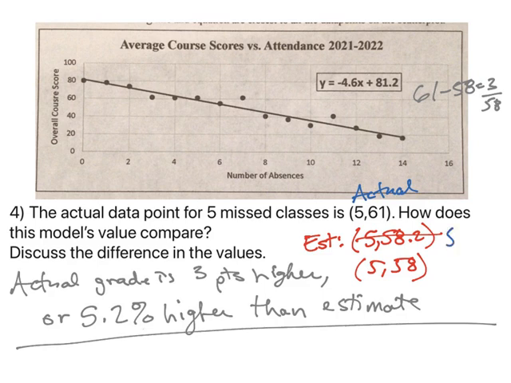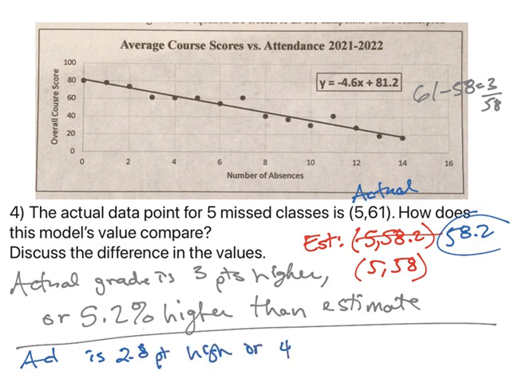If you actually used the 58.2 just for fun, you would say the actual is 2.8 points higher, or 4.8%. Okay, so that's whether you round it to 58 or use 58.2, but that's the idea, using absolute and or relative change.